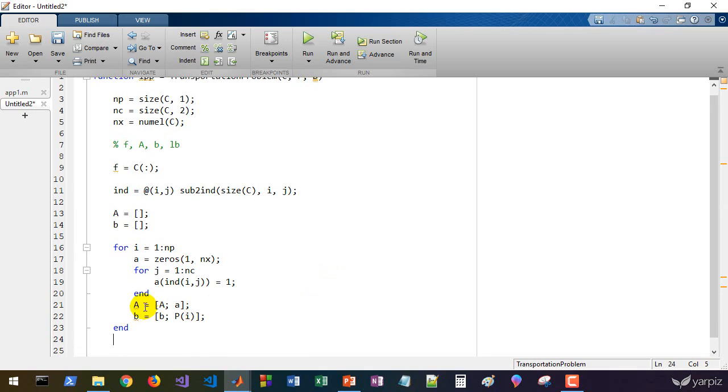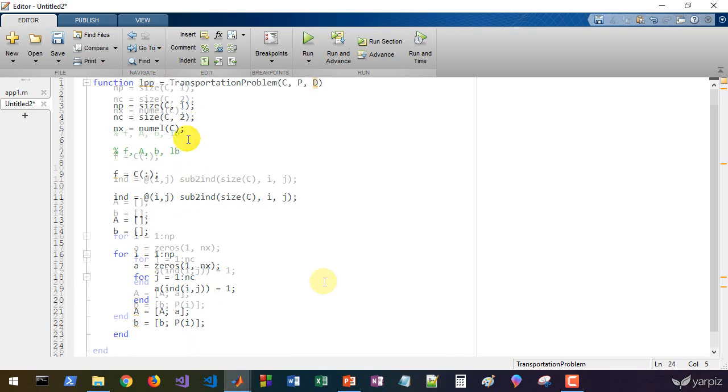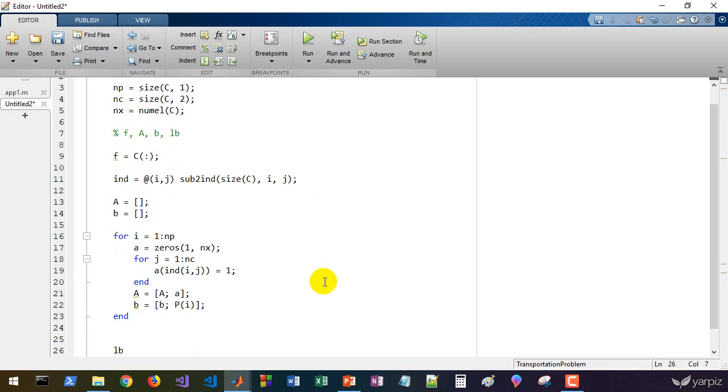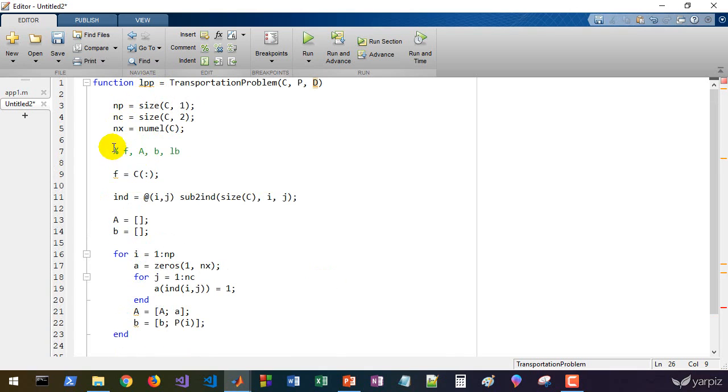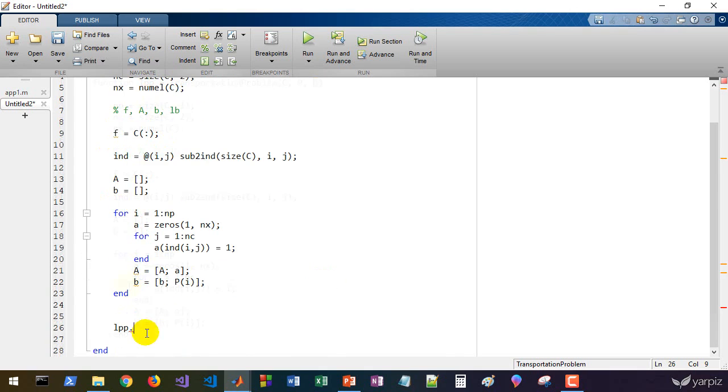This is not a good idea to append. Next time I will improve the coding. Just for now, accept this. Now we are going to return all of the matrices and other entities as a structure.